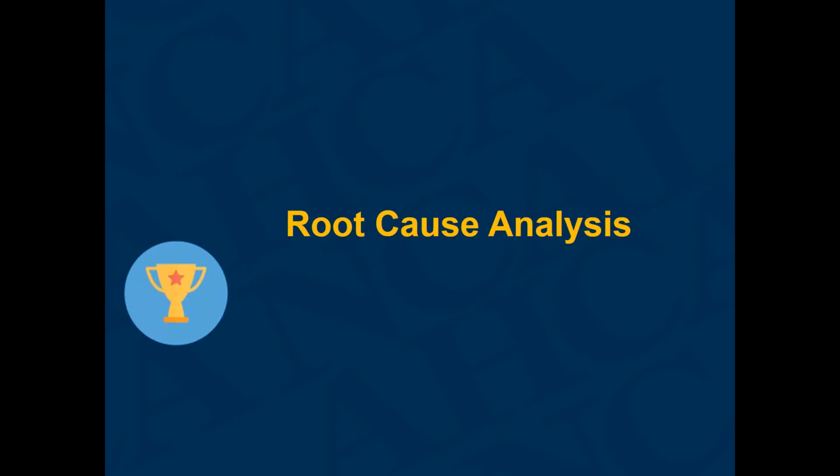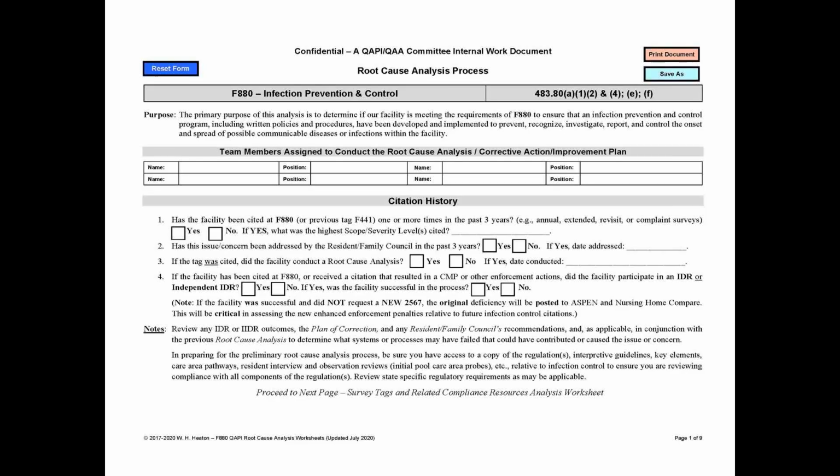It has your guidelines for a directed plan of correction. Those State Operations guides are there as well. But it also has a root cause analysis, and we just want to go through a couple of pages of it, just to show how detailed it is. This is only for tag 880.